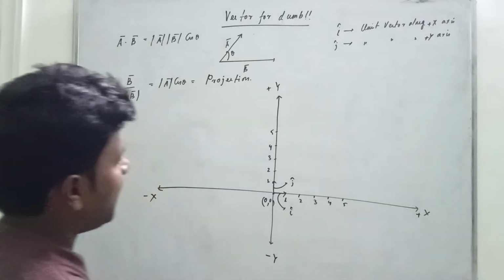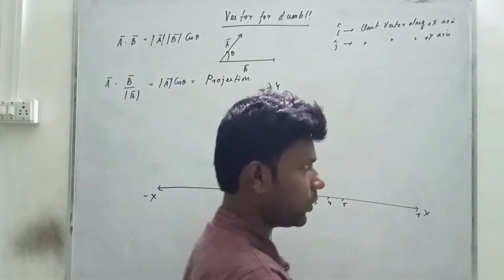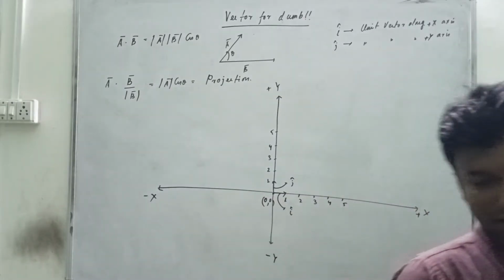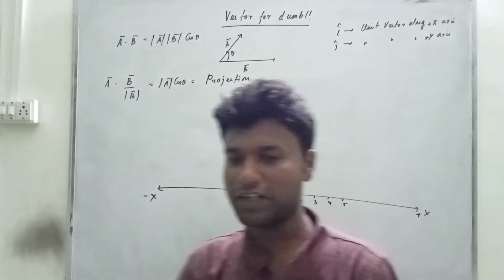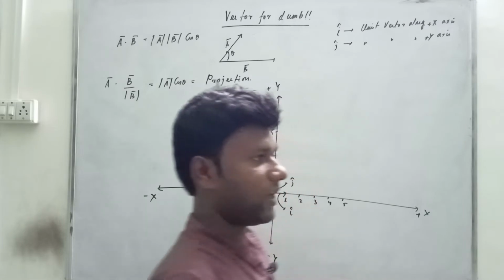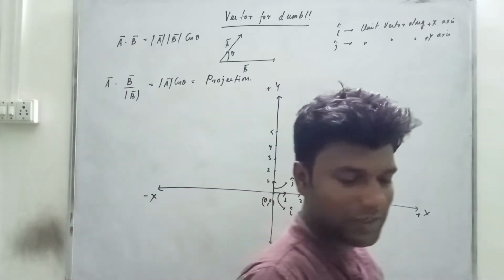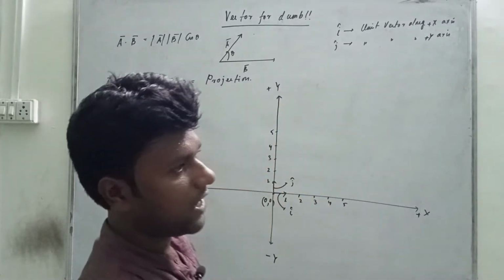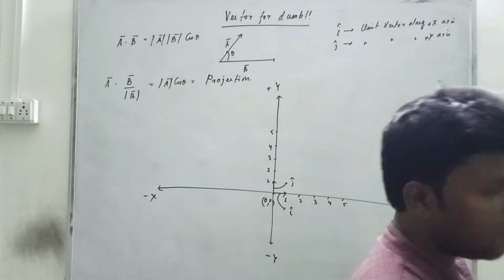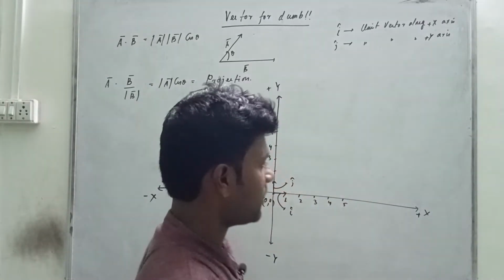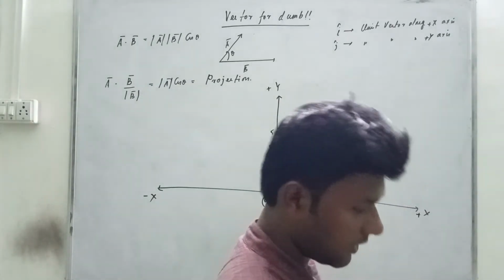So in today's class, I will represent the dot product in the algebraic sense, the algebraic representation of the dot product. Because in the last class I introduced the addition and subtraction of two vectors with the algebraic representation. Now it is our turn to represent the product rule in the algebraic sense.